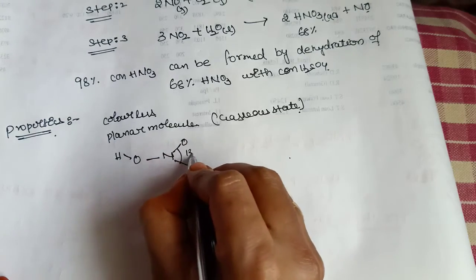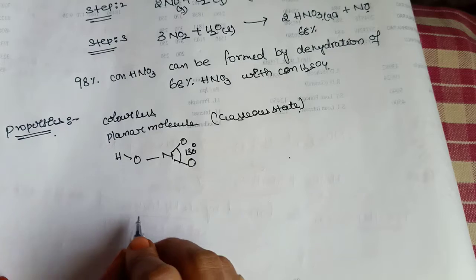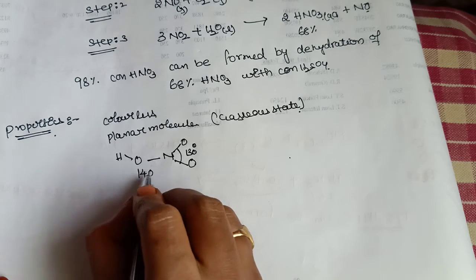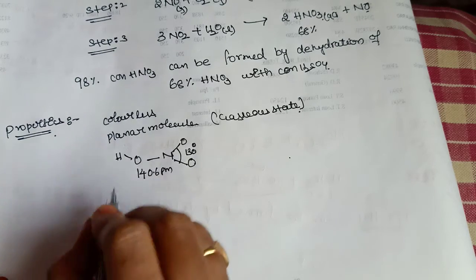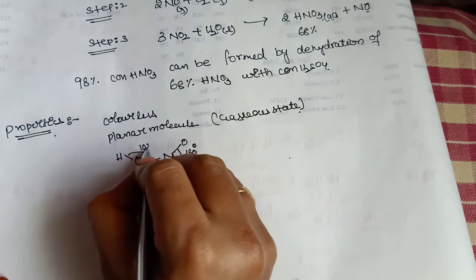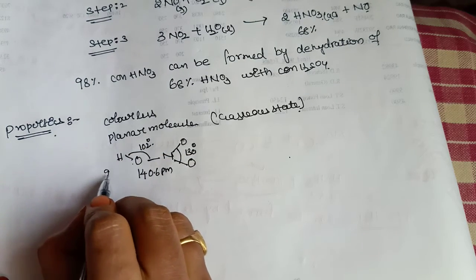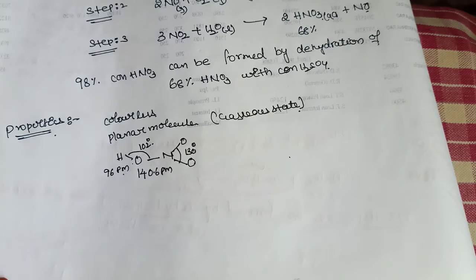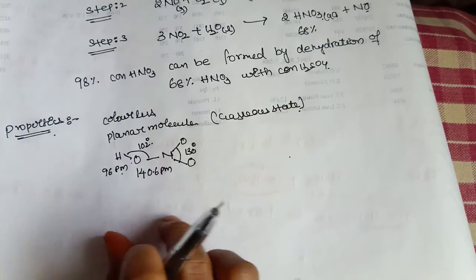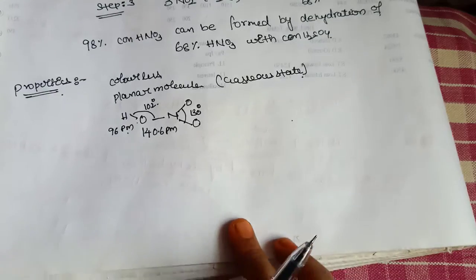This angle is 130 degrees and this bond length is 140.6 picometer. This bond angle is 102 degrees and the distance between O and hydrogen is 96 picometers. This one is important.